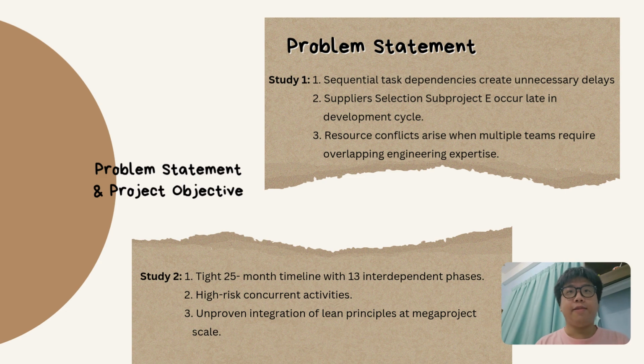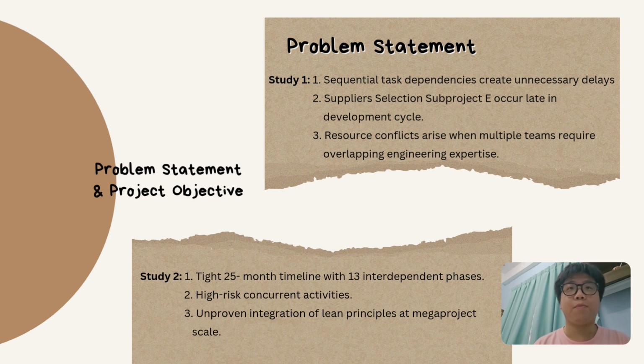The problem statement in the first case study is that sequential task dependence creates unnecessary delays, followed by supplier selection in sub-project E occurring late in the development cycle, and the last is resource conflict arising when multiple teams require overlapping engineering expertise.